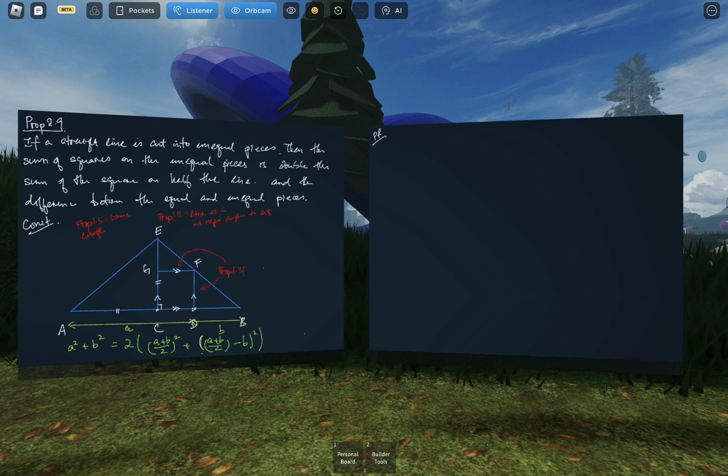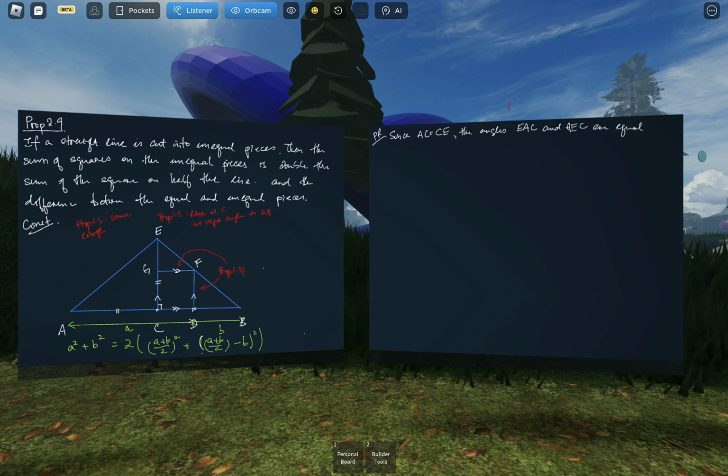So the proof goes like this. Since AC is equal to CE, so AC is half the line, CE is the one we constructed to be equal to half the line, the angles EAC and AEC are equal.